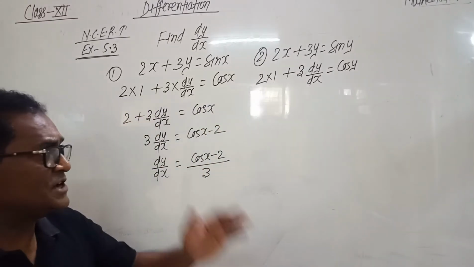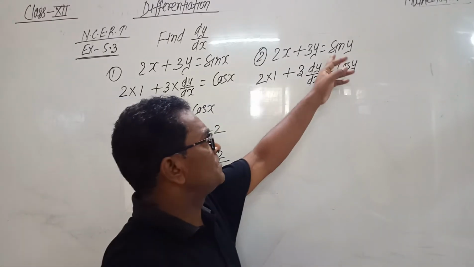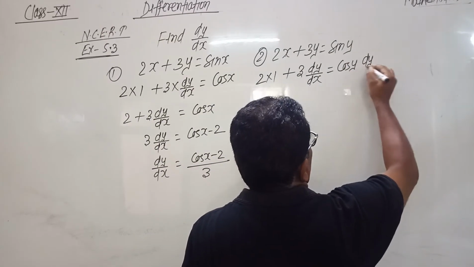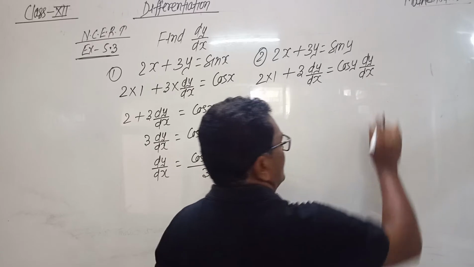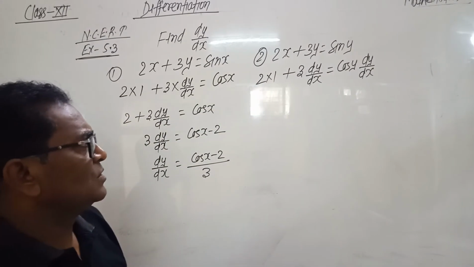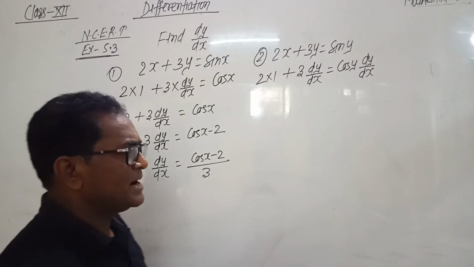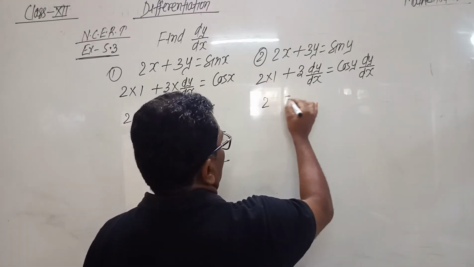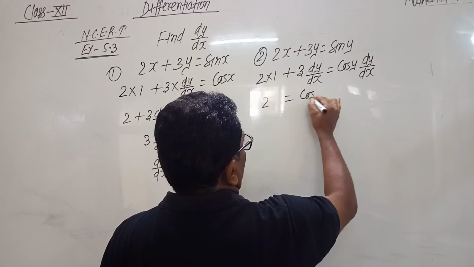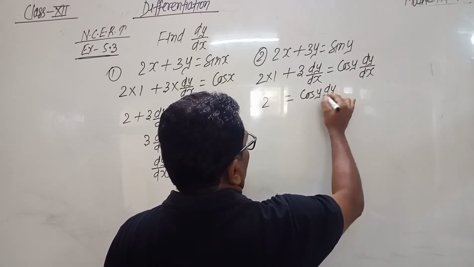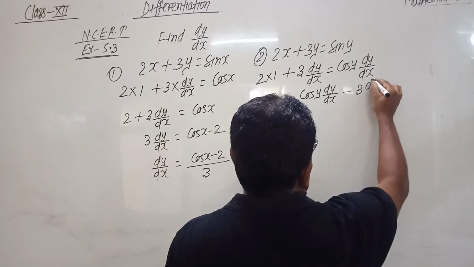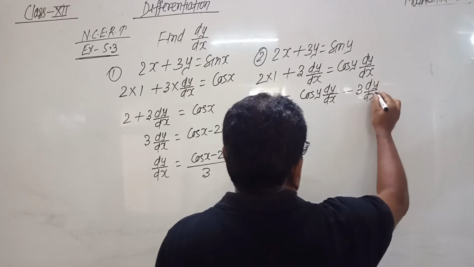Now we have differentiated sin y, then drop sin, and the differentiation of y with respect to x comes to be dy by dx. Now the term containing dy by dx would be taken to one side. So 2 equals cos y dy by dx, and this term will go on the right side, becomes negative, minus 3 dy by dx.